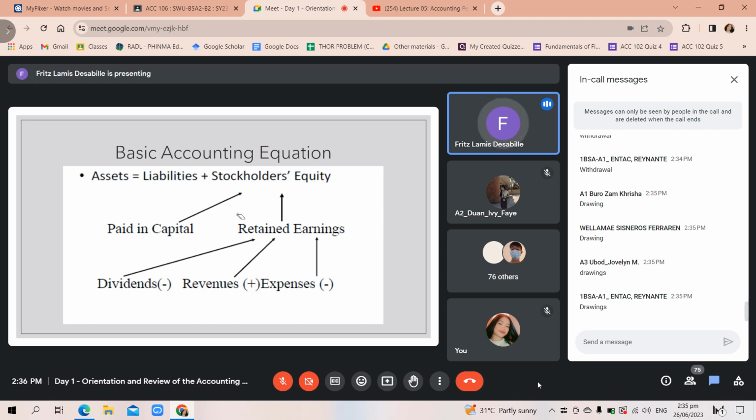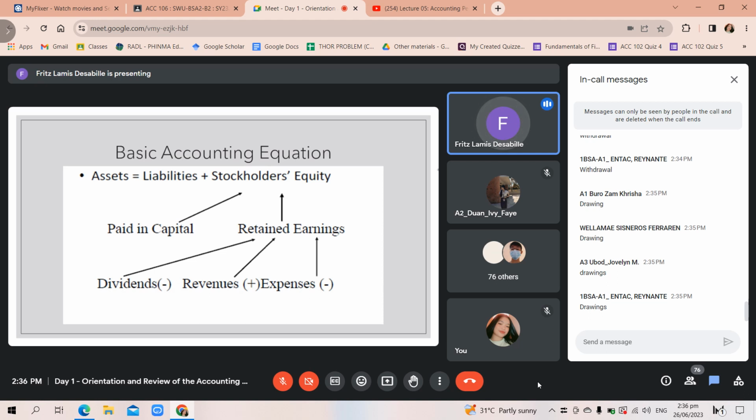So ang composition sa imong retained earnings, that's revenue minus expenses minus dividends. Ang equivalent sa dividends sa partnership and sa sole proprietorship is withdrawal or drawings. So revenue minus expense, that's your net income, minus dividends over how many years, that's your retained earnings balance.